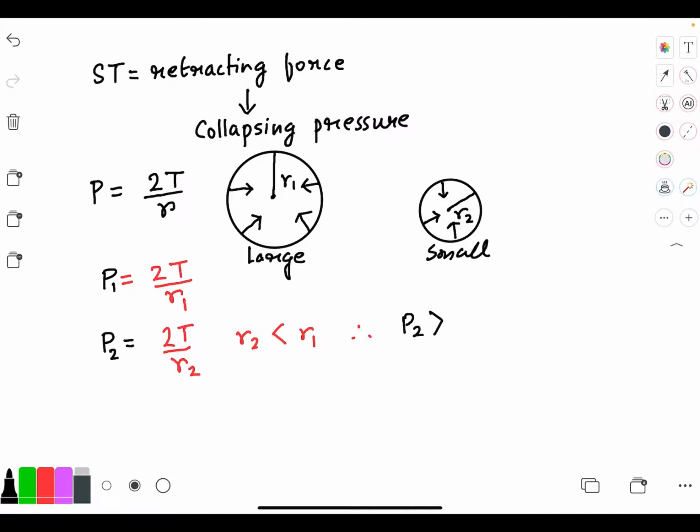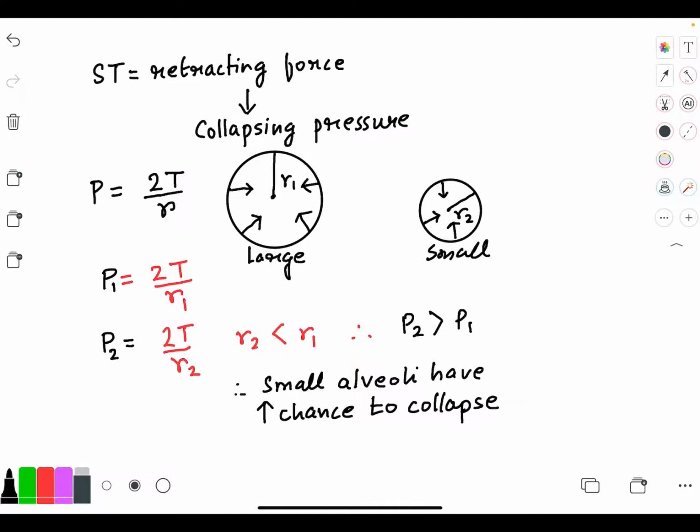P2 will be greater than P1, and therefore smaller alveoli have a greater chance of collapsing, right? And if they collapse, there will be atelectasis, and it is very difficult to reverse this. If alveoli collapse, it is very difficult to reverse that.